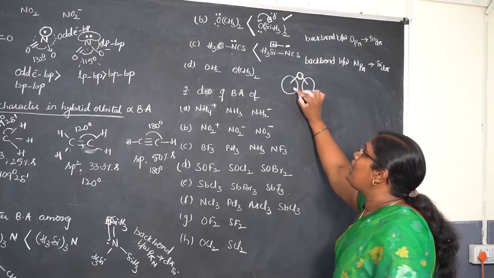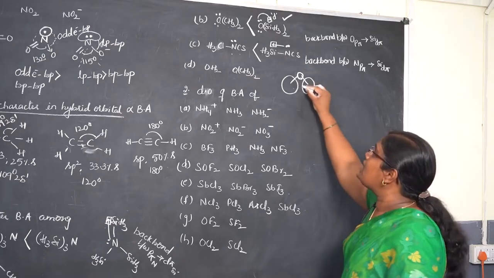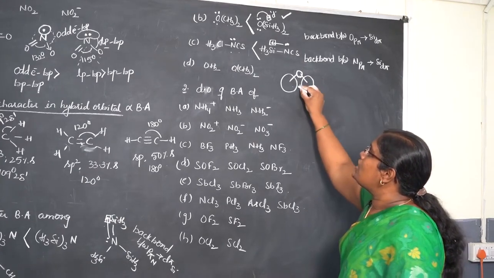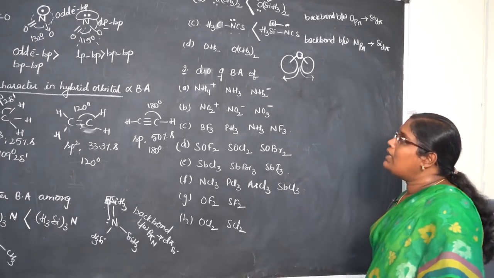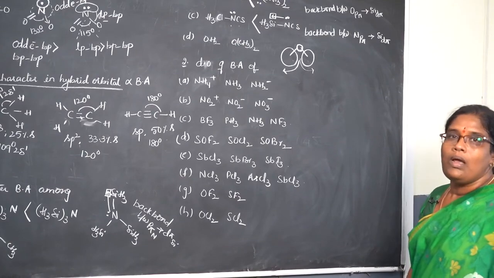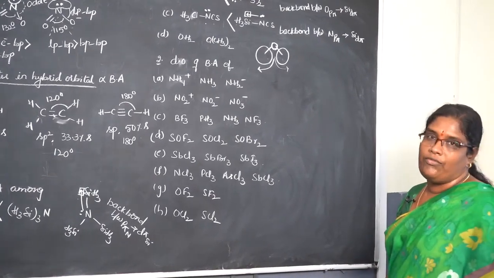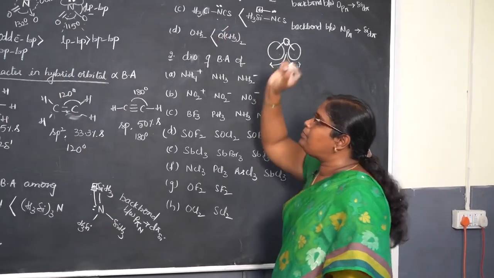And these bulky methyl groups are going to cause steric crowding around oxygen, produce the repulsions which would increase the bond angle. So in dimethyl ether, the increase in bond angle is not because of back bond, but because of steric effects. So dimethyl ether has more bond angle.